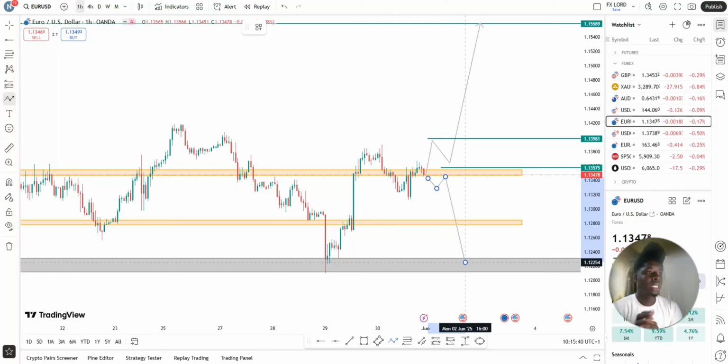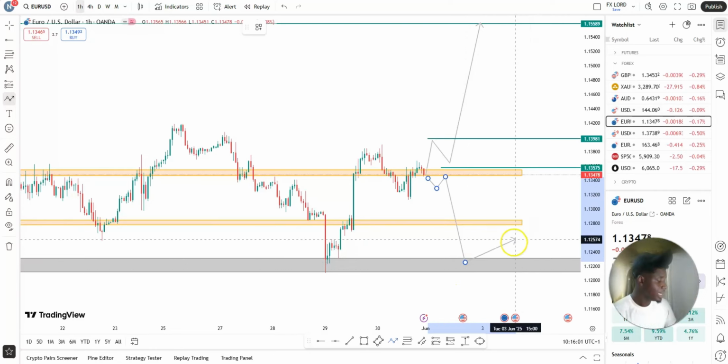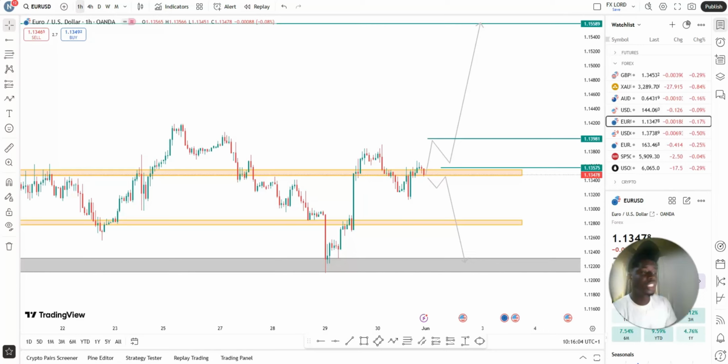So if we are looking for a bullish scenario, we also look out for a bearish scenario. What if this happens, and what if this does not happen? We know that we are already prepared for whatever the market is going to do. So this is the bearish and bullish scenario on EURUSD.